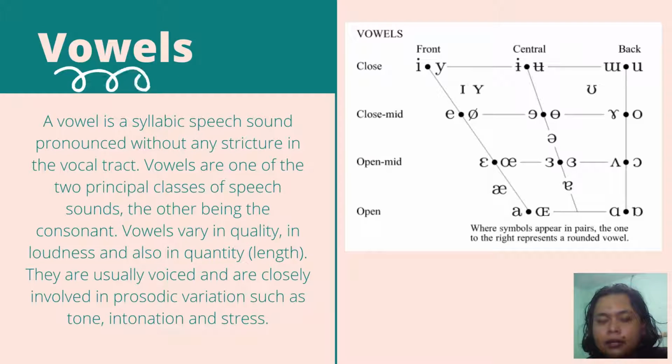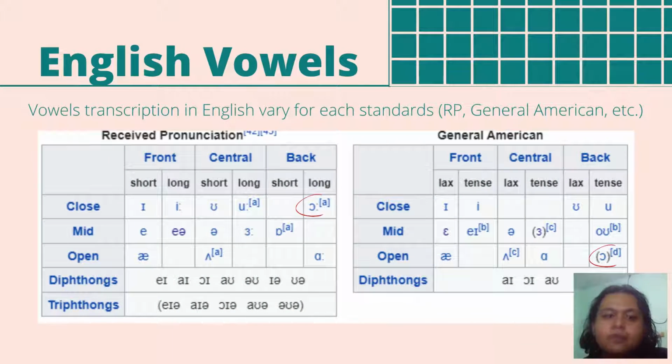So there are several vowels in the world, like in the table on your right. But in English, vowels vary depending on the dialect. It is not the same between dialects, like RP or General American. So when considering English as a whole, lexical sets are often used, each named by a word containing the vowel or vowels in question.